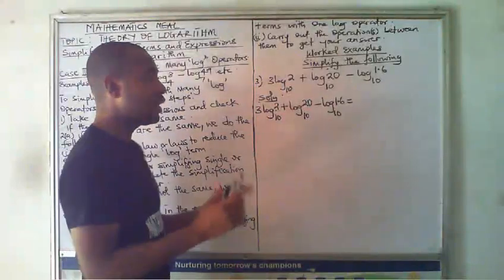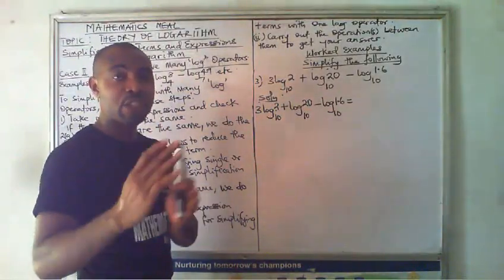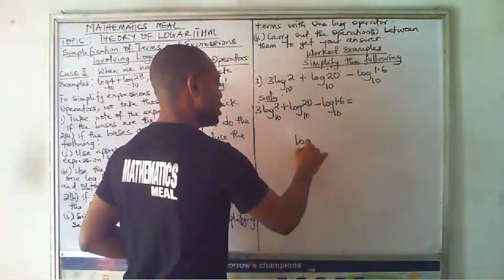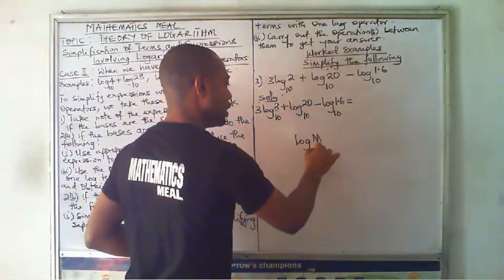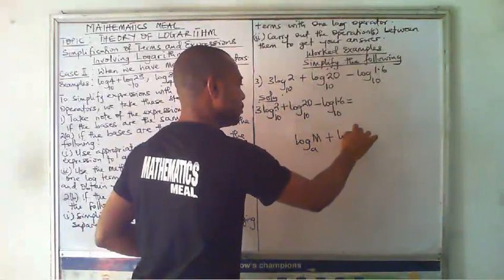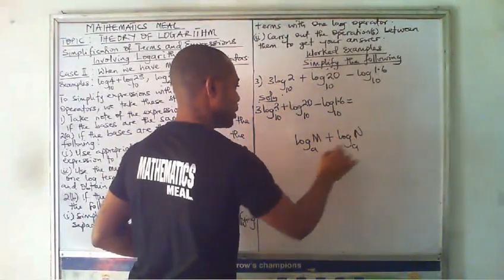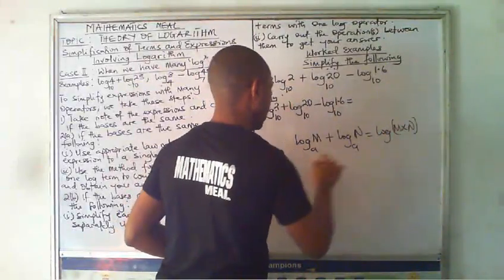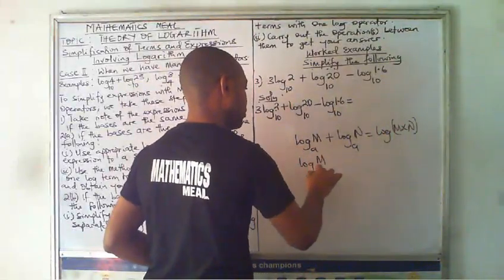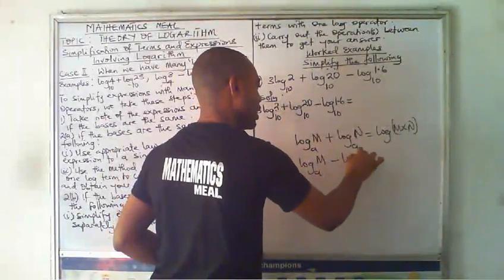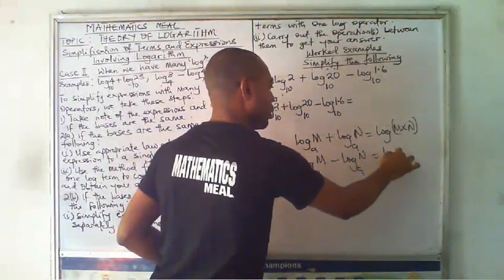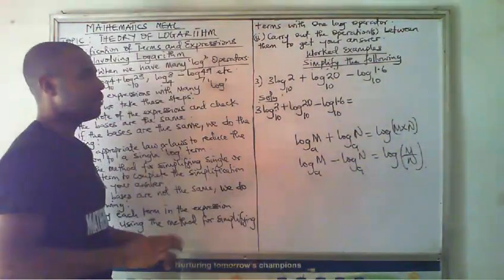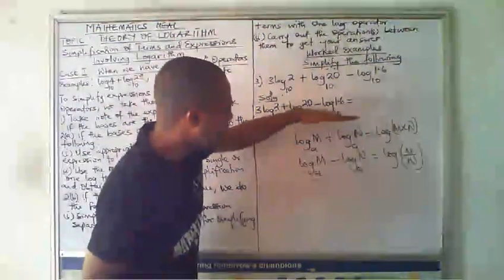Let's look at the laws. Remember the laws that we use in reducing an expression to a single log term. We have log m times n, and log m minus log n, we have log m all upon n. Okay, let's think about it. This is the form in which this appears.